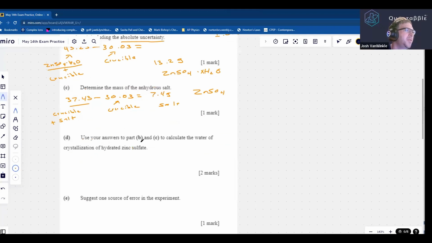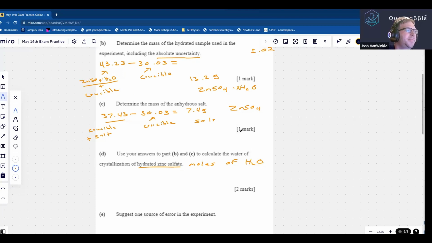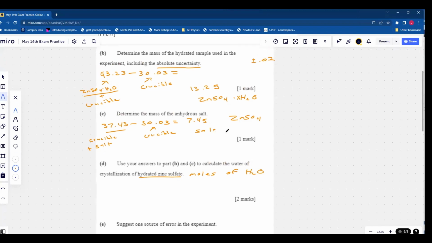All right, so use your answers to part B and C to calculate the water of crystallization. Oh, wait, hold up. I think you're supposed to calculate the moles of water. So, is there a way to figure out how much water? The after heating and before heating, the difference. Okay, so let me switch colors here.